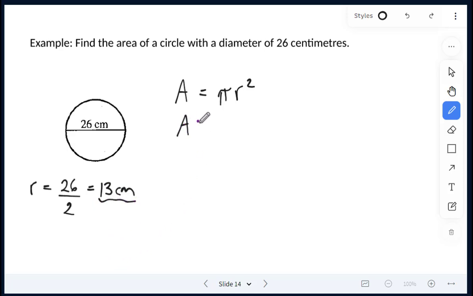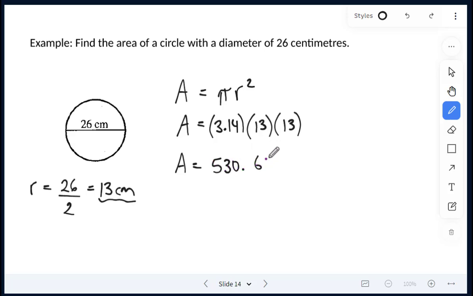Now we can plug that into our formula. For pi, we're using 3.14 times radius squared, that means 13 times 13. Then you put that into your calculator and you should end up with 530.66, and because it's area, your units are squared. So centimeters squared in this case.